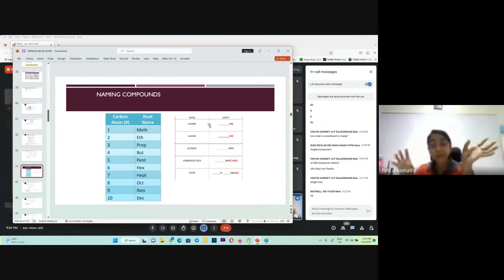The tail name follows the name of the family. If it's alkane, A-N-E. If it's alkene, E-N-E. Alcohol, O-L. And remember, for alcohol, students, you will derive the name from alkane. You take the full name of the alkane, take the E out, put in O-L. Don't just take the carbon and put O-L. That's wrong already. Can you understand what I'm talking about?